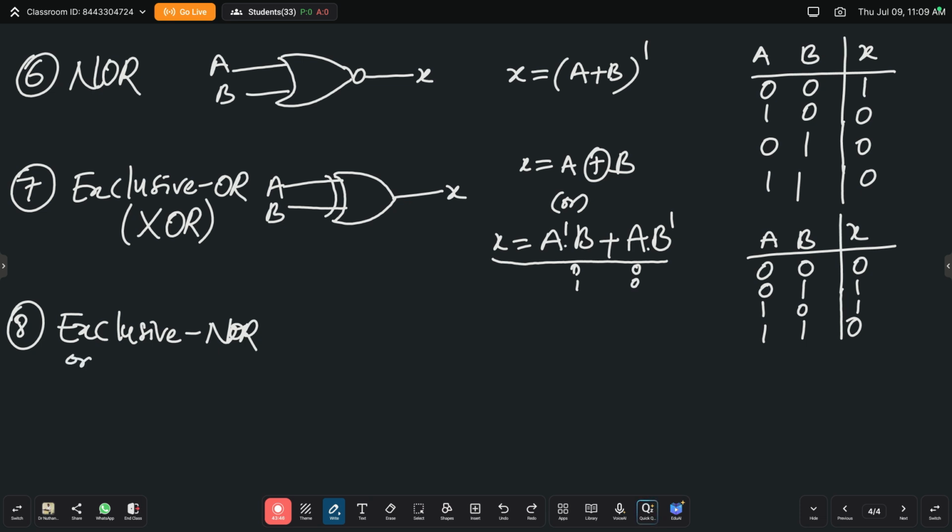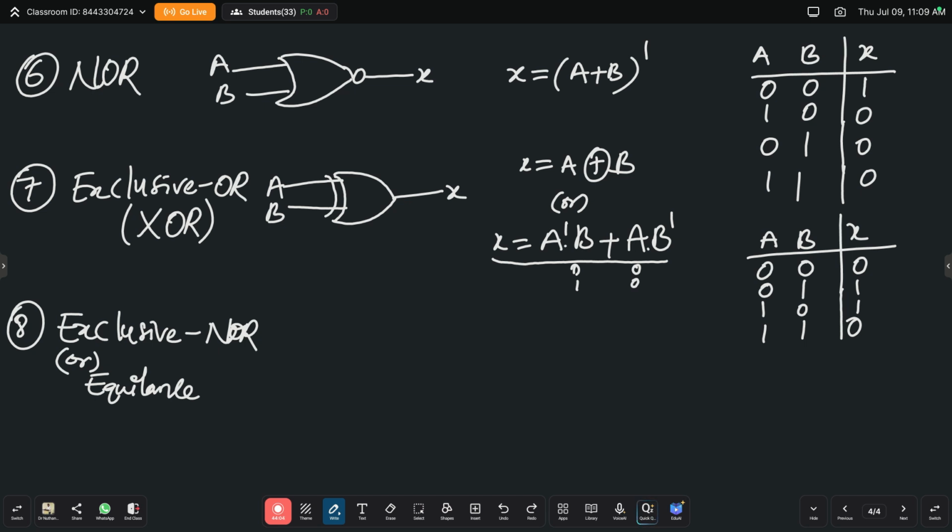Sometimes it is called as equivalence. Okay, so the representation is exactly reverse of XOR.